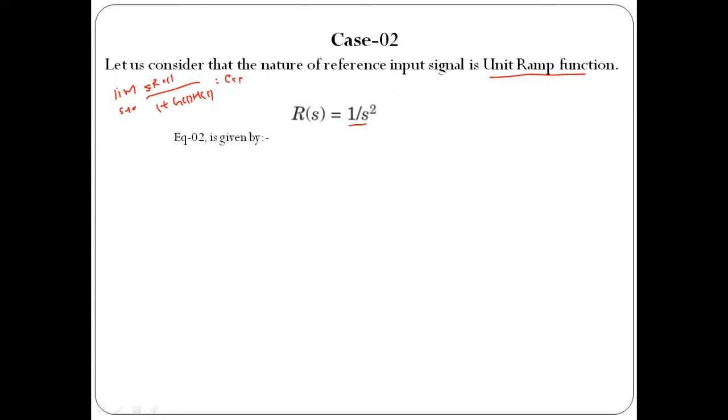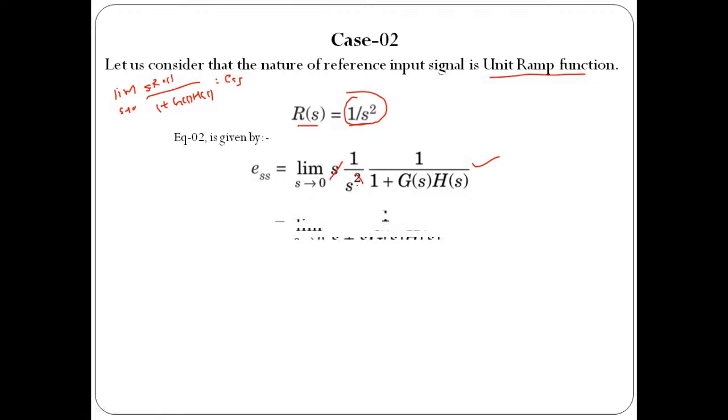This is your ESS. So the moment you take R(s) as 1 by s square, it will be something like this. Again, if you solve this, you will get this. If you modify, further solve, you will get this.